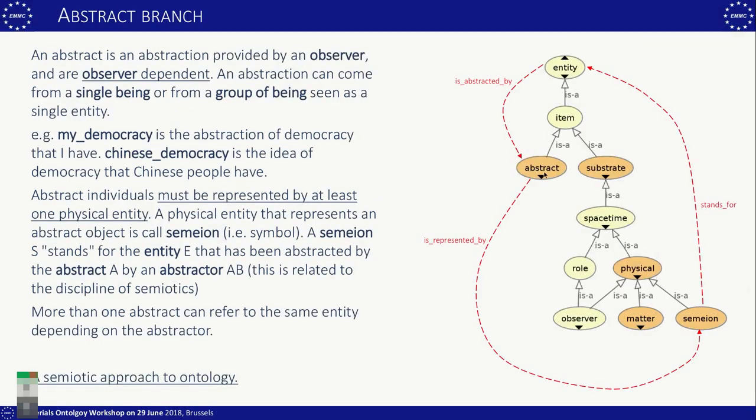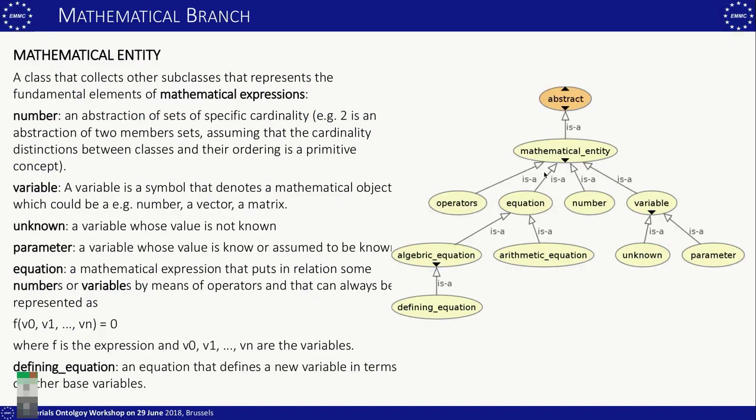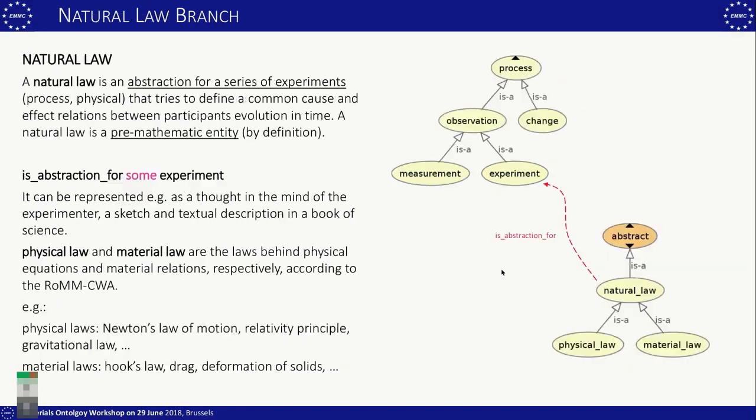Abstract can be used to define mathematical entities, equations, numbers, variables, algebraic equations, arithmetic equations, and so on, that can be used to define the physical model that can be connected to a particular process in the material entity branch.